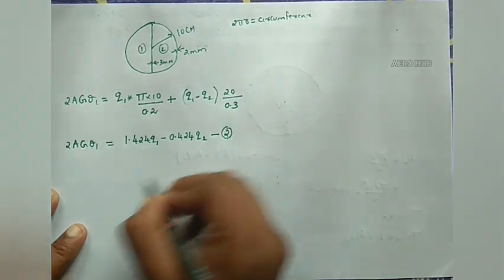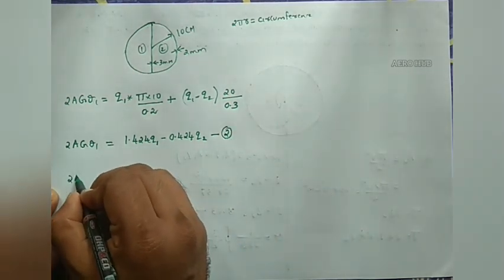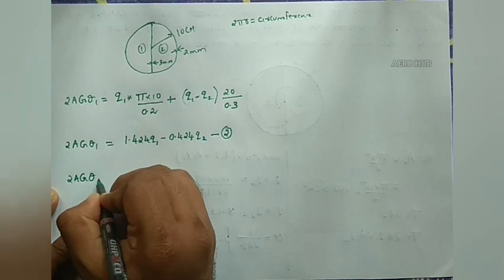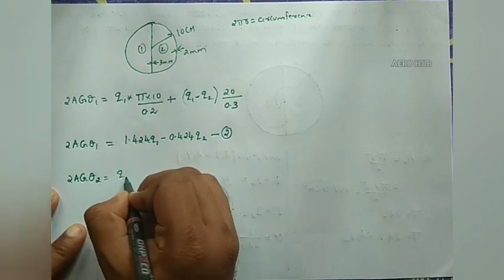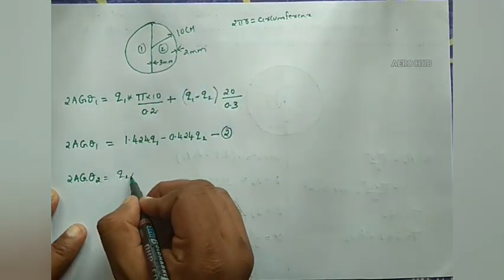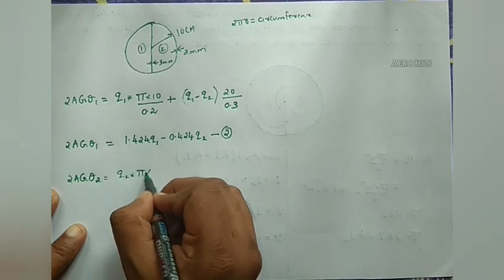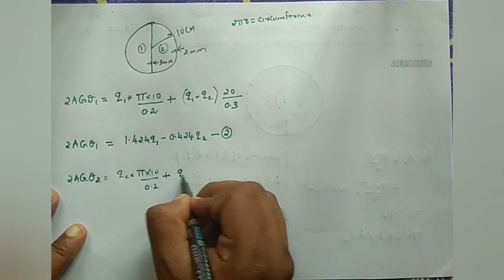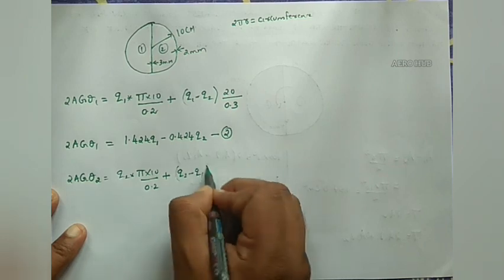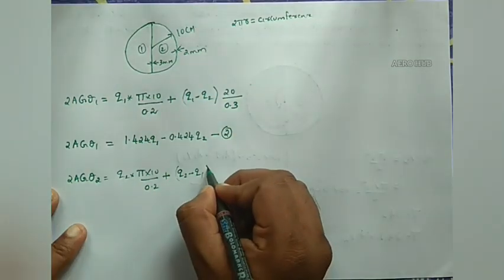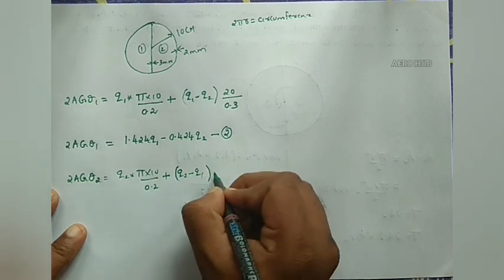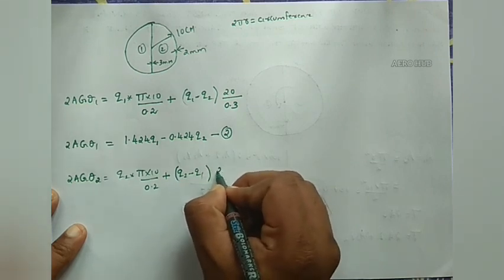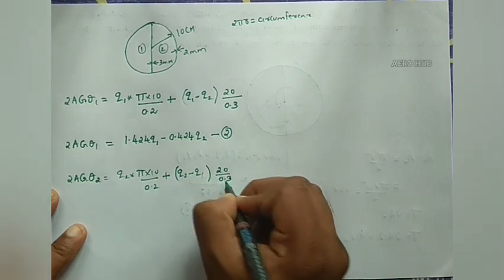Okay, similarly I'll go for 2AG theta 2, that will be Q2 for second cell, Q2 into pi into 10 divided by 0.2 plus Q2 minus Q1, since we are considering the second cell, Q2 minus Q1 into 20 divided by 0.3.